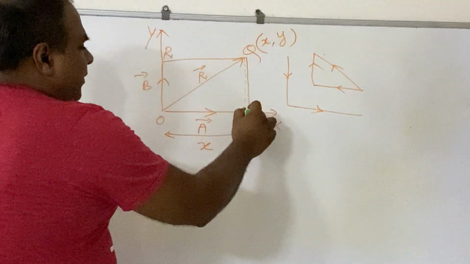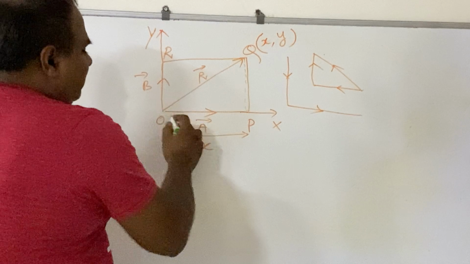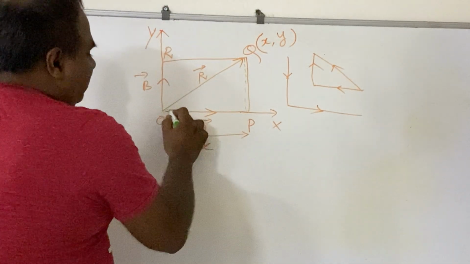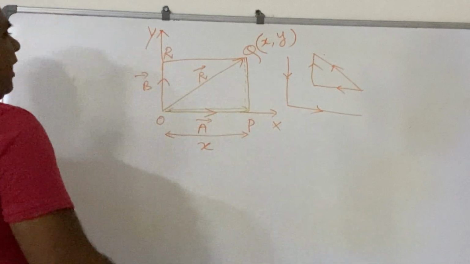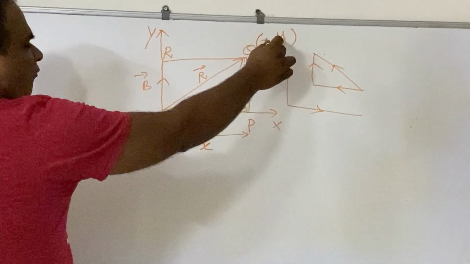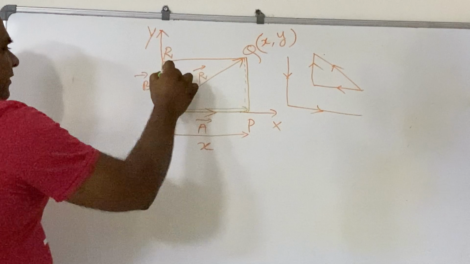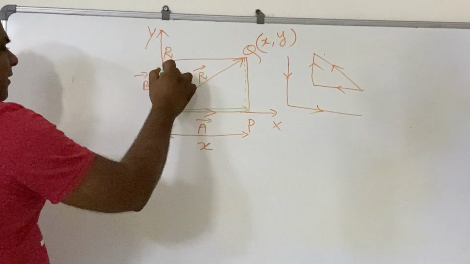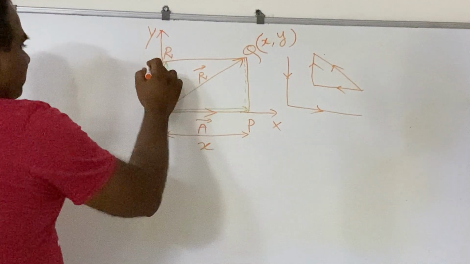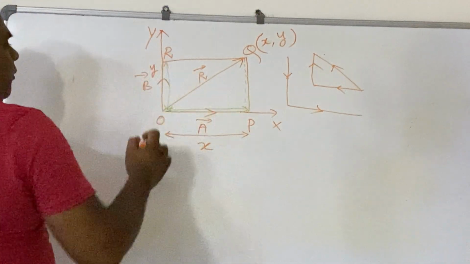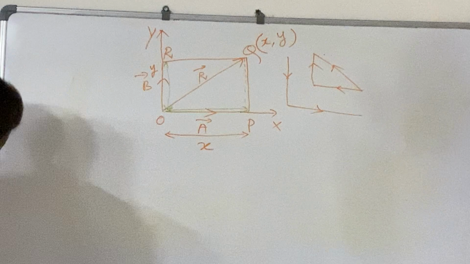That one will meet here, and this distance will be x. And if the coordinate is the y coordinate, this distance will be y. OR is equal to y.